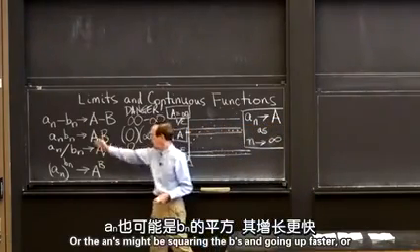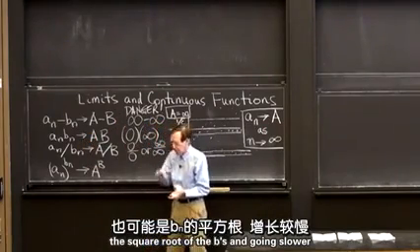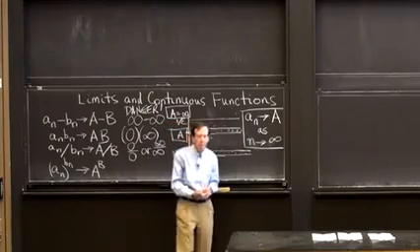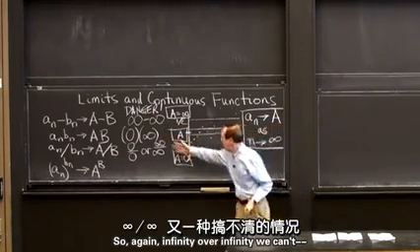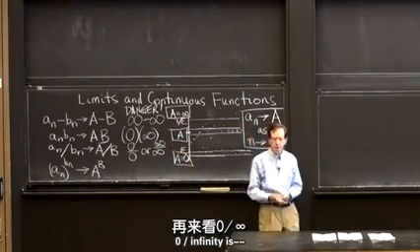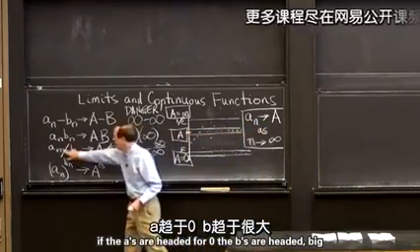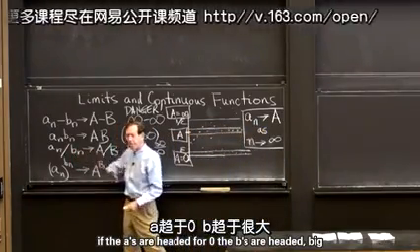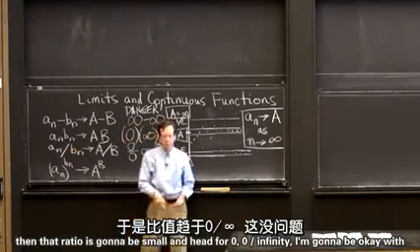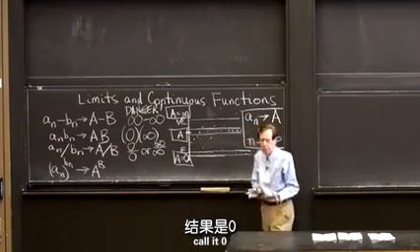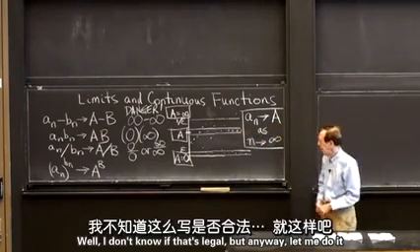Or the a_n might be squaring the B's and going up faster, or the square root of the B's and going slower. So, again, infinity over infinity, we can't tell. 0 over infinity is, if the A's are headed for 0 and the B's are headed big, then that ratio is going to be small and head for 0. 0 over infinity I'm okay with. Call it 0. Well, I don't know if that's legal, but anyway, let me do it.